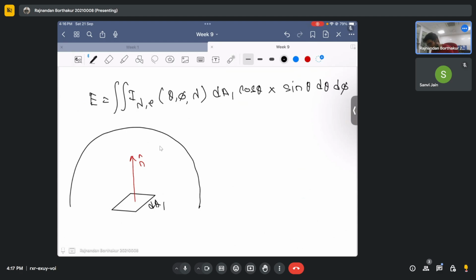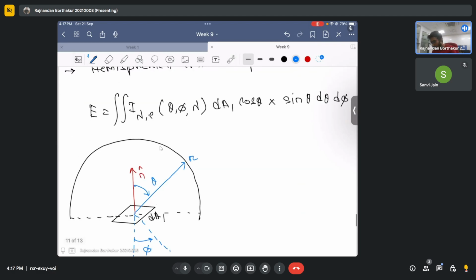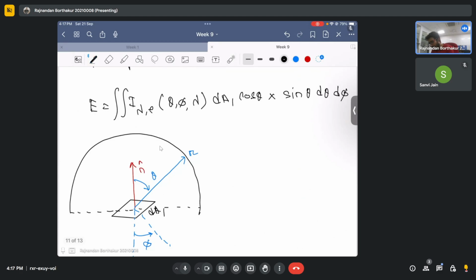Maybe like this, and this is your r direction. If I project this, this is your theta direction, this is your phi, and this is your theta direction. Now can you tell me for this hemisphere, from where to where your theta should vary, and from where to where your phi should vary, to calculate the hemispherical emissive power? Can you give it a try?